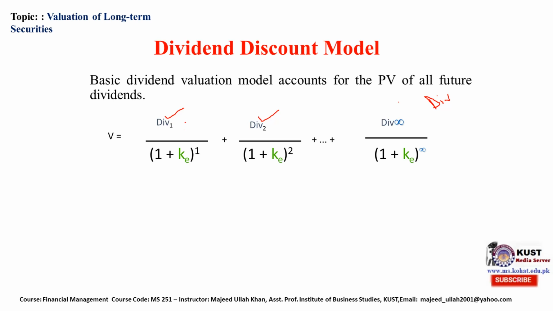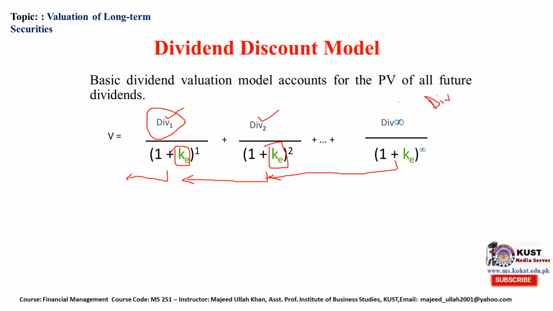We will discount the first year dividend at the equity discount rate, that is the required rate of return of investors. The second year dividend will be discounted, meaning the present value will be calculated. When we calculate these present values and sum them up, it will be the value of the common share.